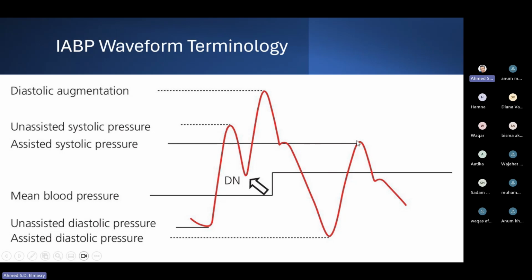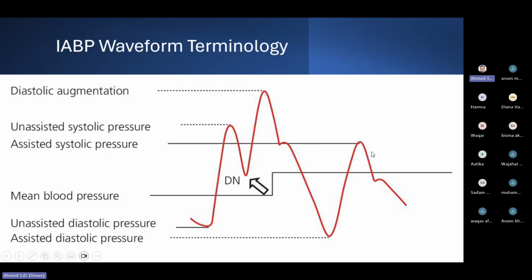As you see, the difference between the assisted systolic pressure and the unassisted systolic pressure is that when the intra-aortic balloon starts deflation, it will decrease both the assisted diastolic pressure and the assisted systolic pressure. So in the normal morphology of the intra-aortic balloon waveform, you should have the assisted systolic pressure at a lower level than the unassisted systolic pressure, because when the balloon starts the deflation, this will decrease the afterload.